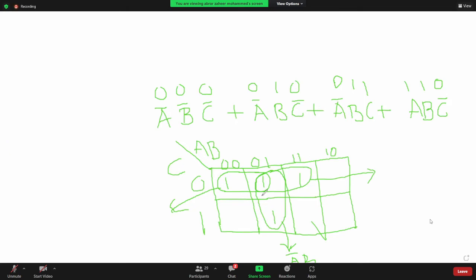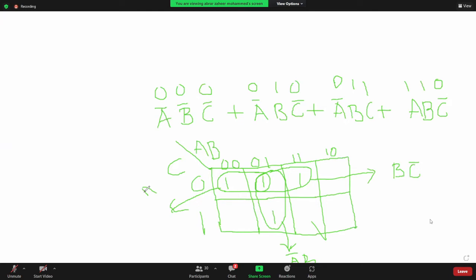So we can write B and C bar, because the value of B is 1 and C is 0. And for the group of these two ones, the value of C is 0 and the value of B is changing from 0 to 1, but the value of A is 0.